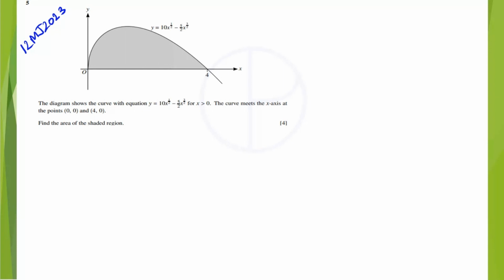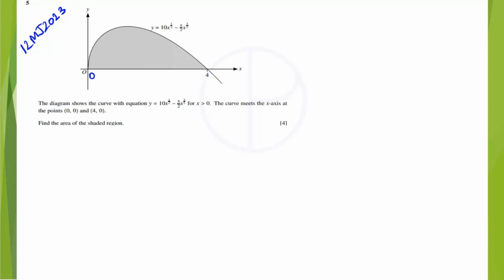Okay. The limits are given, 0 and 4. Okay. And we need to find the area under the curve and the x-axis. The area enclosed between the curve and the x-axis. So what is the formula?